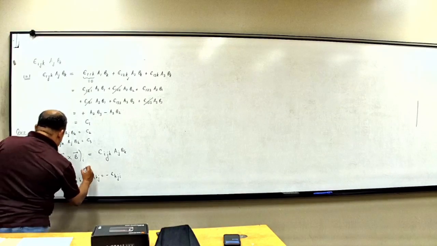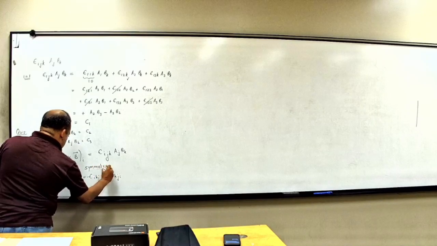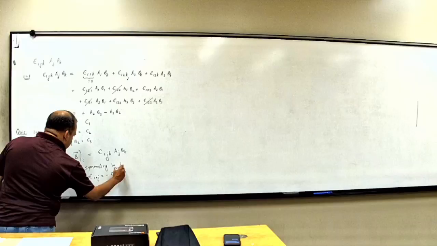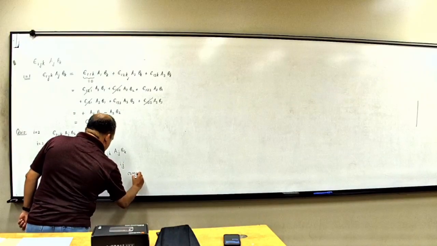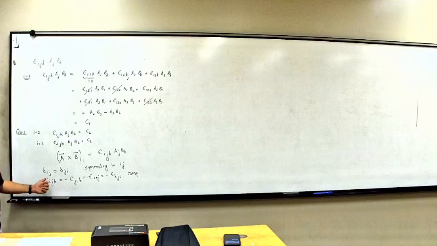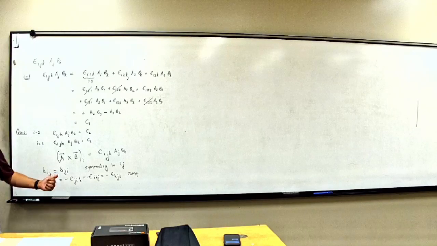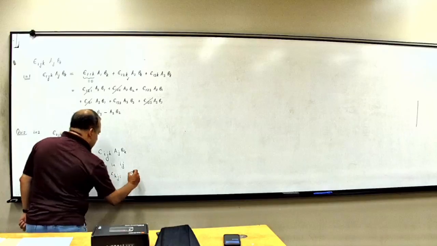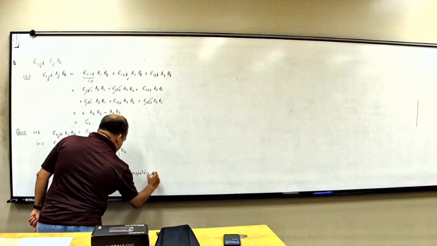So this is symmetry in ij. Here it is complete antisymmetry, because you can talk about antisymmetry in i and j, you can talk about j and k, so there are various antisymmetries available. So you say it is completely antisymmetric. Completely means in any one of them.